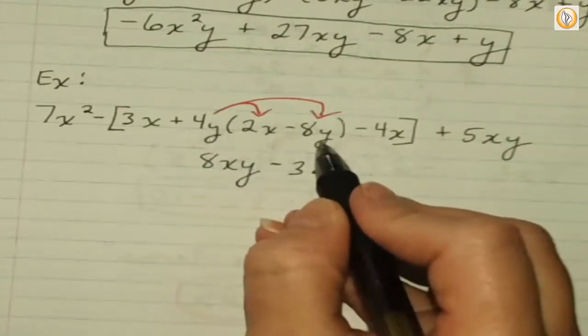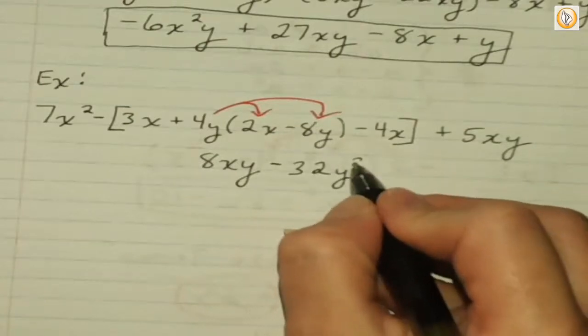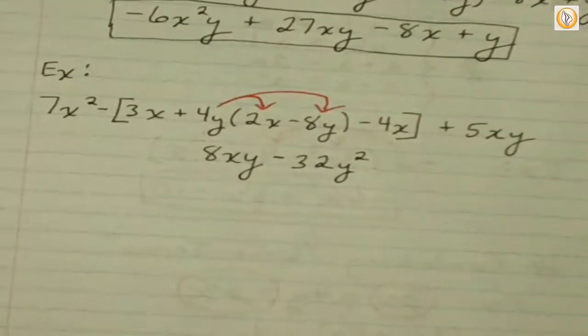Y times y is what, Gabby? Y squared. Do y'all see that? Oh my gosh, it's a square. This is where that attention to detail really comes into play, because I guarantee a lot of you missed that, but now you're like, oh my gosh, I see it. Any questions so far?